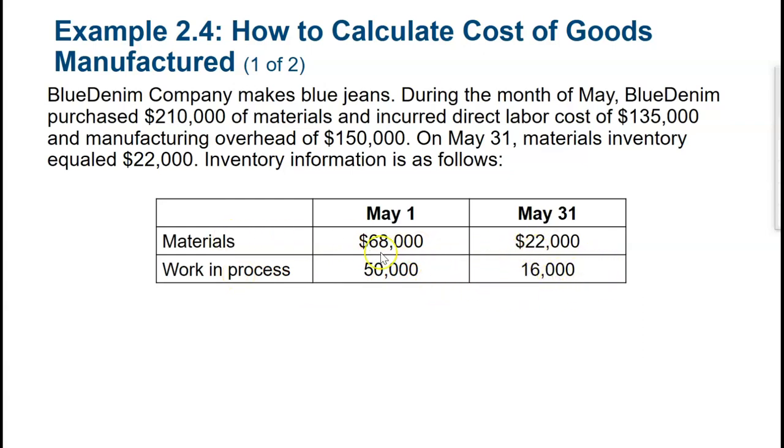Now, this materials business, we've already taken care of this. Okay, so we need to focus our attention now on direct labor of $135,000, manufacturing overhead of $150,000, and work in process beginning $50,000 and ending $16,000.